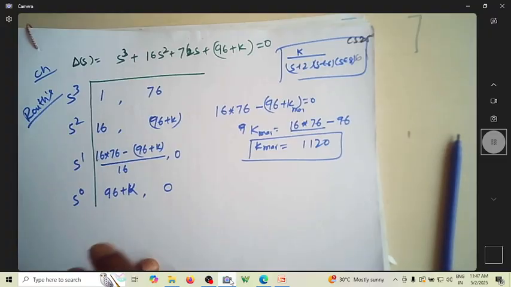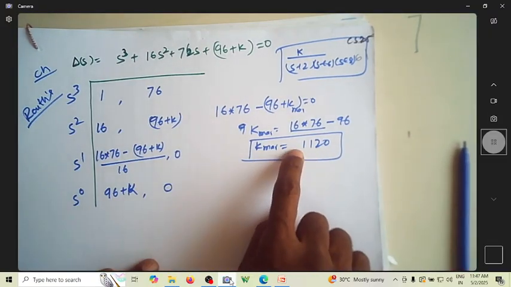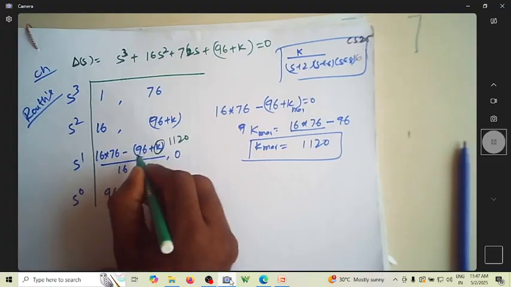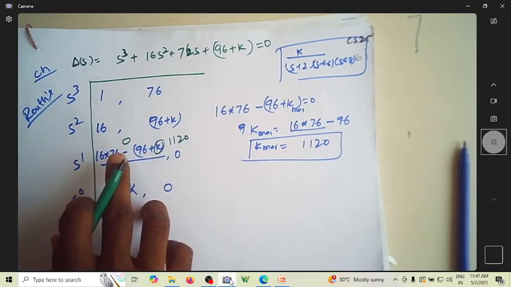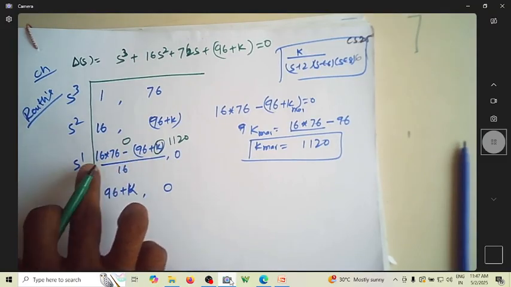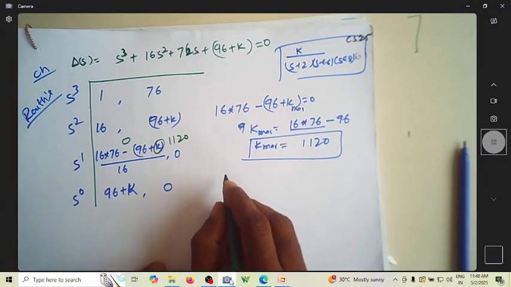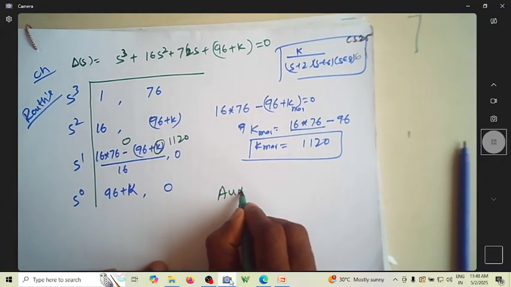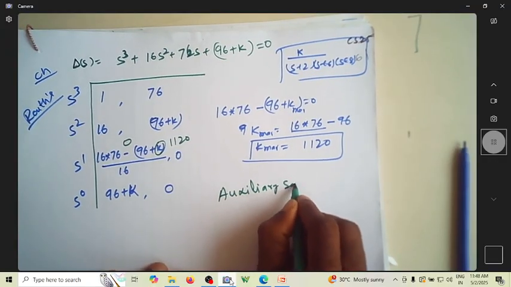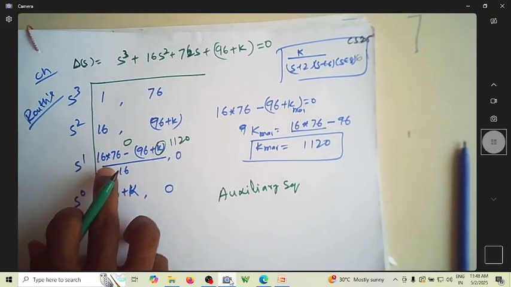If the value of k margin is 1120, if you substitute this value, then this entire term will become 0. So then you have 0 0 as the elements of this particular row. Then we have to consider an equation called the auxiliary equation, which is from the row above the zero row.